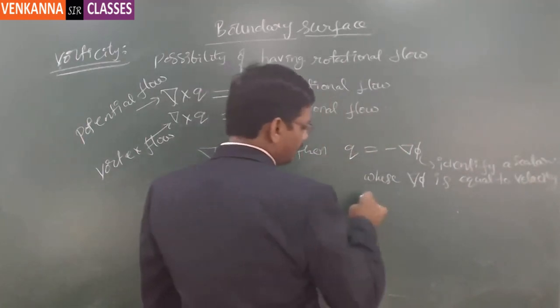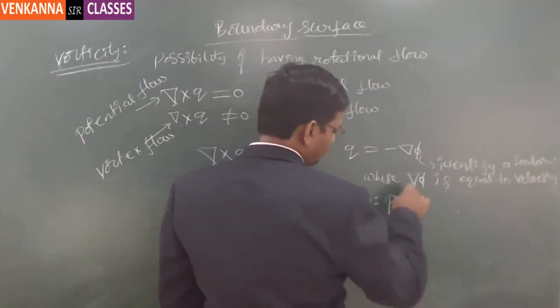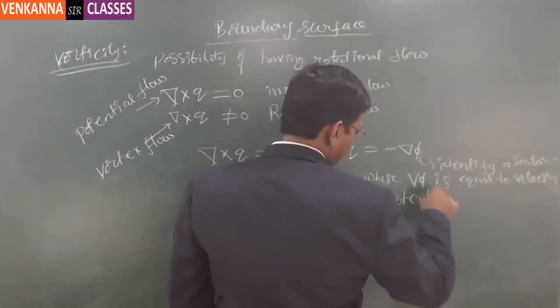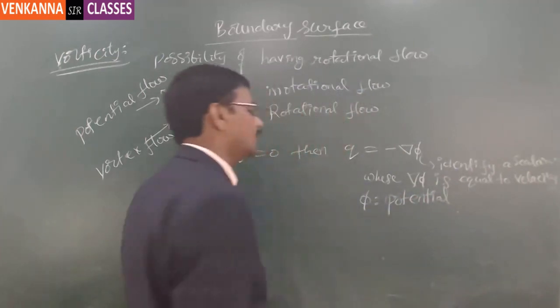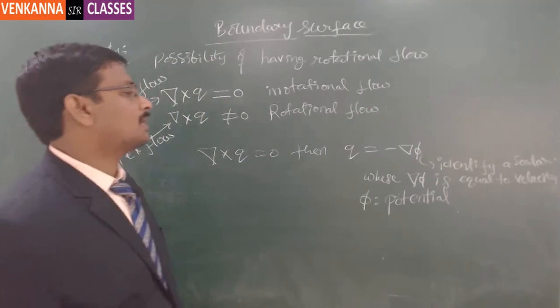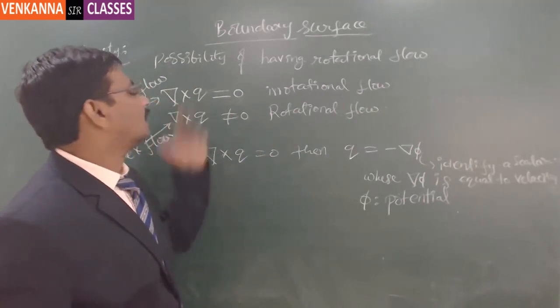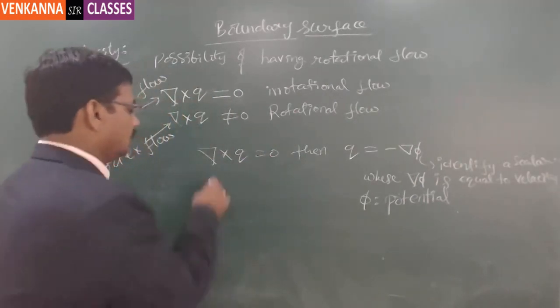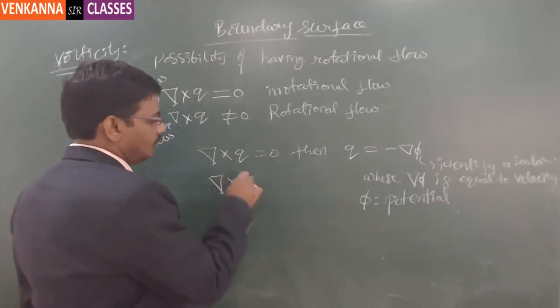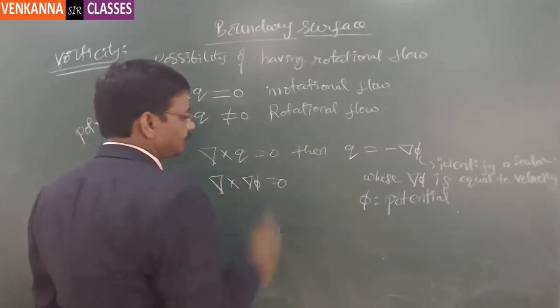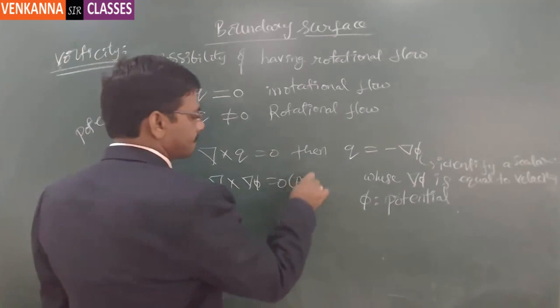This scalar is called the potential. So q is equal to minus del phi, and del cross of minus del phi, that is del cross del phi, is always equal to 0. This is the vector identity.